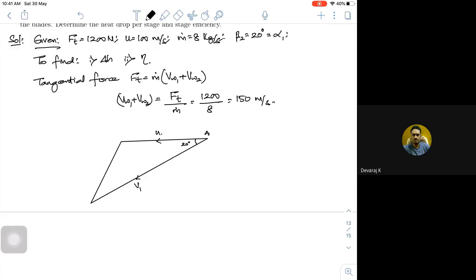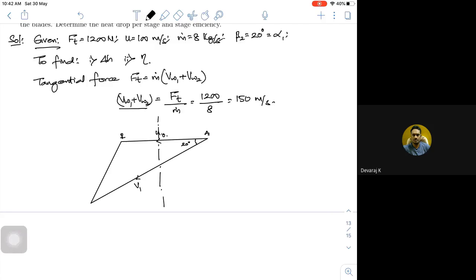So from the midpoint, let me take this as a midpoint. I call this as B. Let me call that midpoint as O. So what is my VW? VW1 plus VW2.